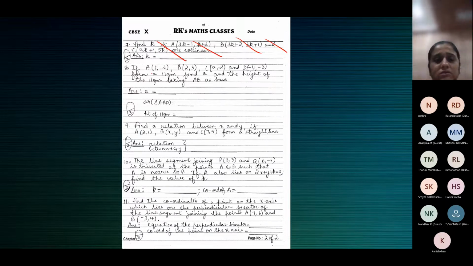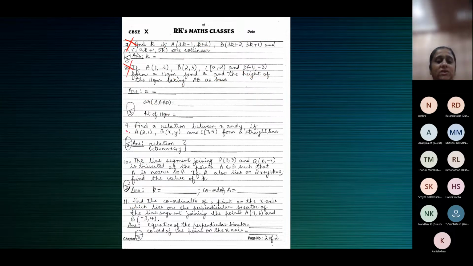8 also, find the height of the parallelogram. This also you should find the area. So ignore this. You can do the 9th one, trisected, 10th one, perpendicular bisector. We can do 9, 10, 11. 7, 8 ignore.